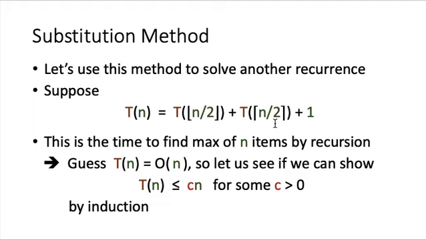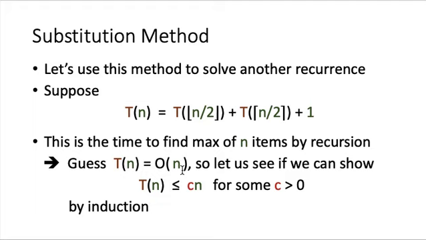After that, we compare the maximum of the first half with the maximum of the second half using one extra step, so that we get the maximum of the whole array. So this is the recursive way to find the maximum of n numbers.